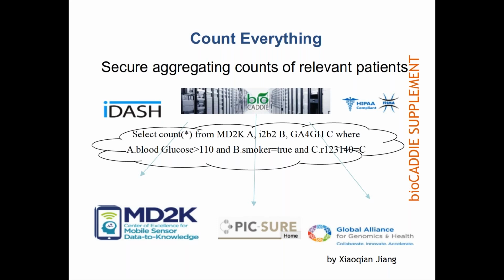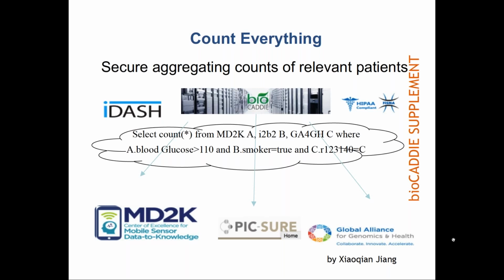So in order to organize the way I would be requesting those data sets, because they are under access control, it would be important to know which one has more of the characteristics of the patients I'm looking for. So that's why counting everything would be important. But as you know, counting can compromise privacy.